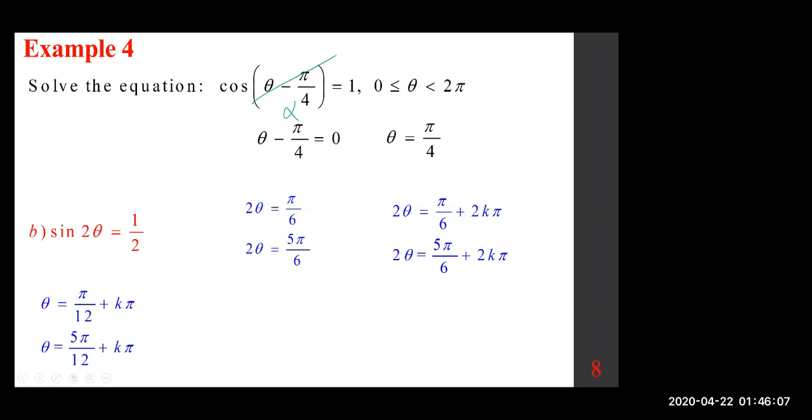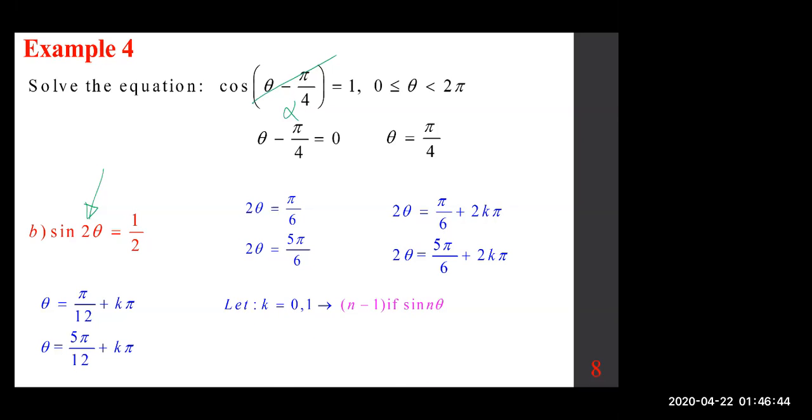We're going to replace the k with what? Class, this is number 2. So you're going to replace it with 0, 1, but not 2. Why not 2? Replace it with 2, it becomes pi over 12 plus 2 pi. It's beyond the 2 pi. Do you follow what I'm saying, everybody? So we replace it with 0 and 1.